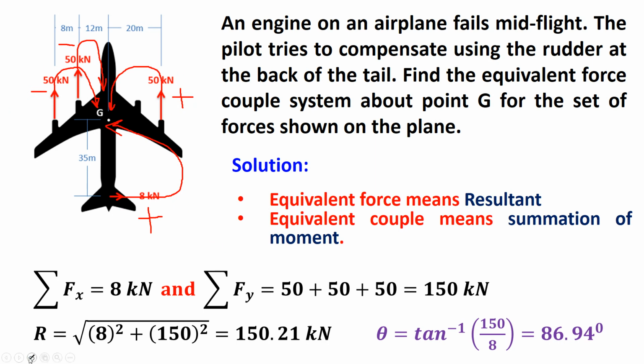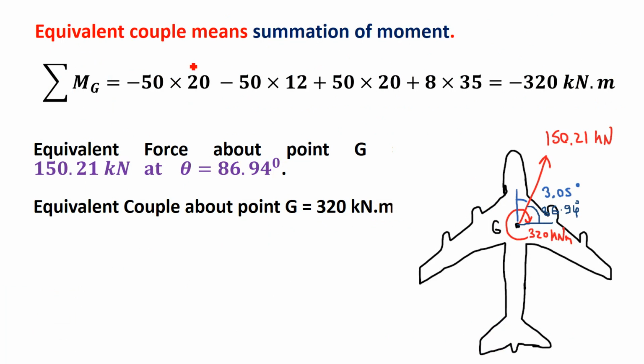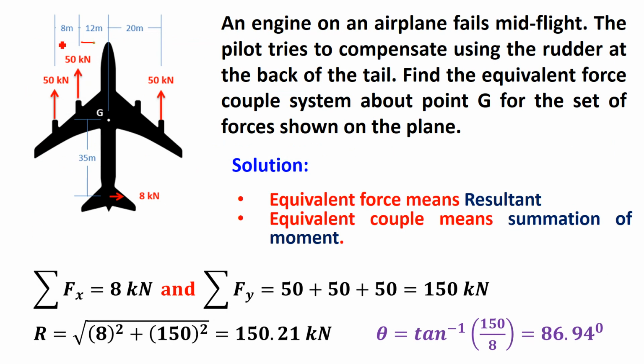Moment is equal to force into perpendicular distance, which we already identified. So the summation of moments of all forces about point G is 50 into 20, 50 into 12, 50 into 20, then 8 into 35, using the force into perpendicular distance formula, with minus, minus, plus, plus, because two produce clockwise moment and two produce anti-clockwise moment.